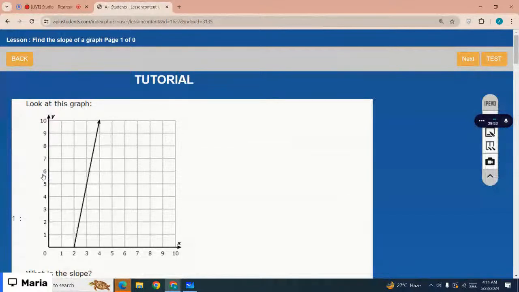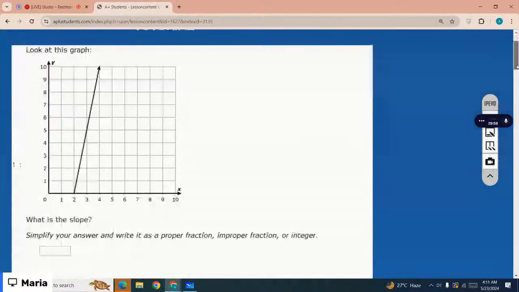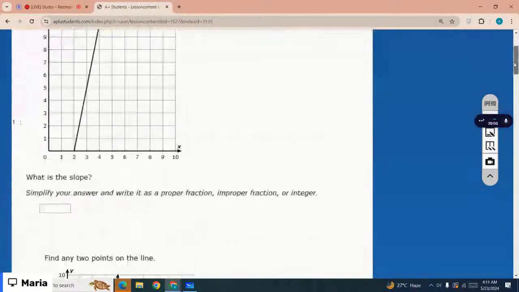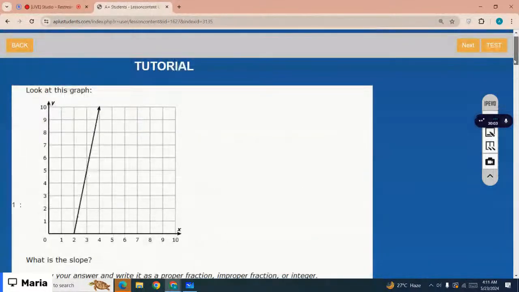Look at this graph. What is the slope? You have to find the slope of the graph. How do we find it? The slope of the graph is change in y divided by change in x.